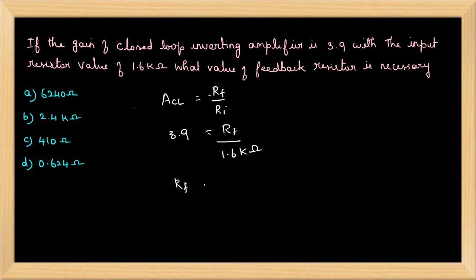So RF will be equal to 3.9 into 1.6 kilo ohm, so it will be 6240 ohm. Here the RF value will not be negative. Only the value of closed loop gain will be negative. In the question it is given as 3.9 for the inverting amplifier, which means it is minus 3.9.